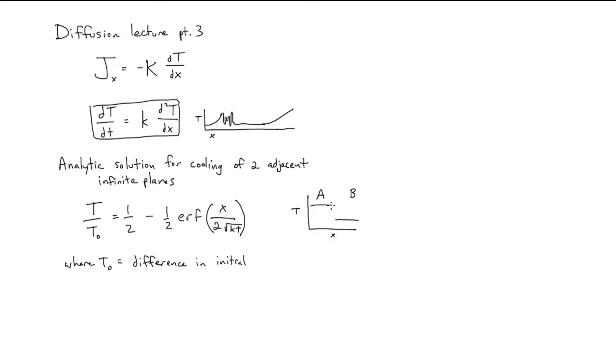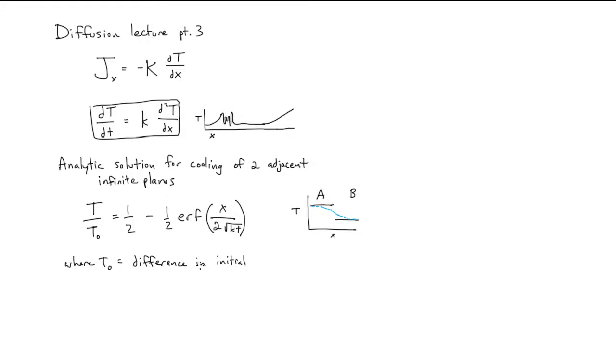Okay, so they're just like before. They're put next to each other, and then we're going to see the temperature evolve over time. But in this case, neither one is an infinite heat sink, so they're both going to change. It's going to look like that after a while.